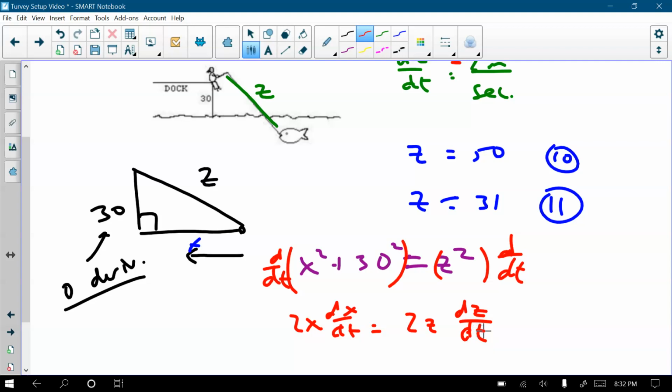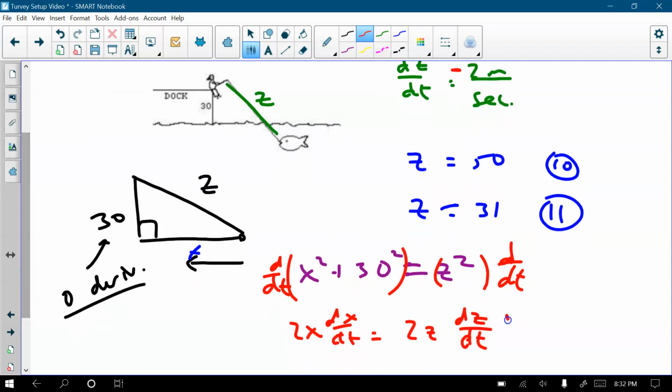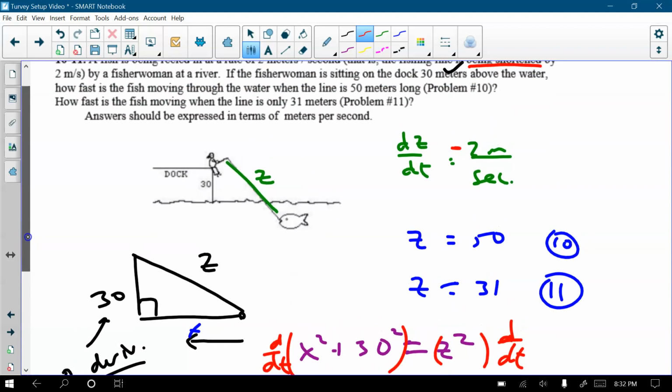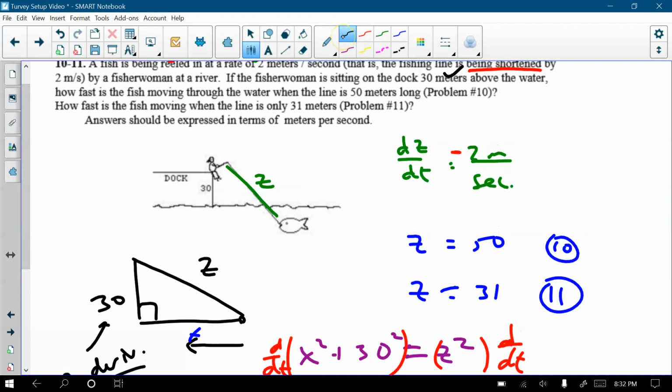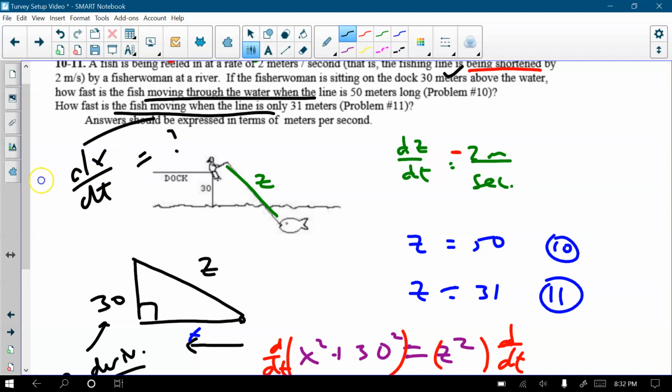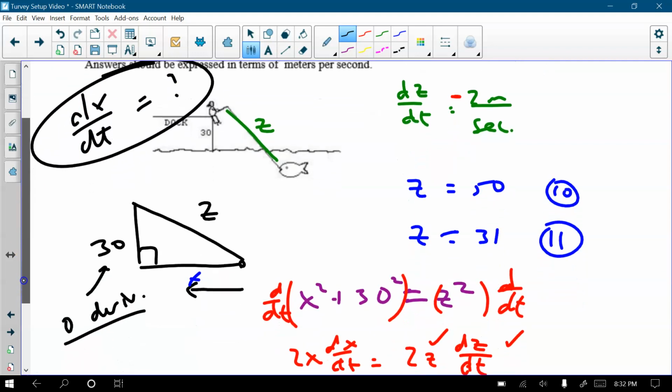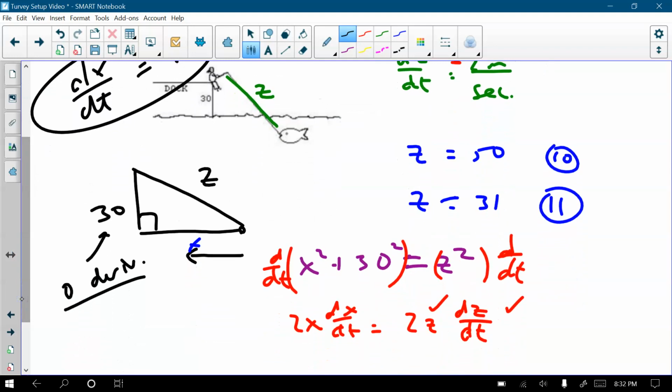Okay, and I know what dz/dt is. And I know what z is. I'm looking for dx/dt. I don't know if I said that before. It says how fast is a fish moving through the water. So that's going to be for both of these. I need dx/dt in both cases. But I don't have x.